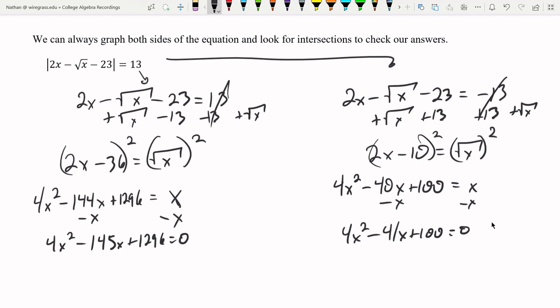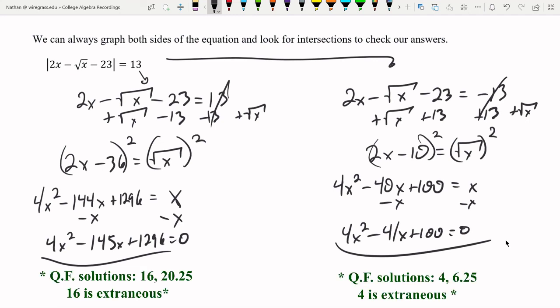And here we have two different quadratic equations. We expect there to be two answers from this side and two answers from this side. I don't know if these will factor. Probably will not. You probably have to use the quadratic formula on each one, but they will both give you two solutions. And it's important to note that we expect at least one of the solutions to be extraneous because of this square root.